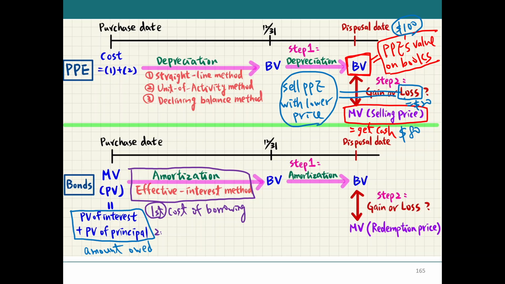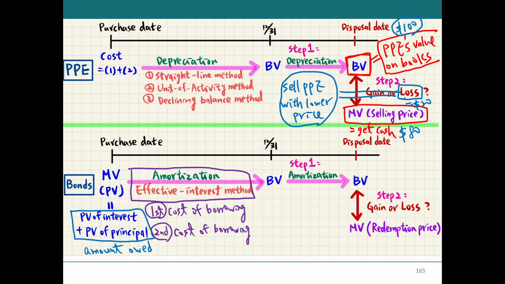And your second cost of borrowing. Remember that? So the following period, we should use effective interest method, 有效利率法, to find out our second cost of borrowing.